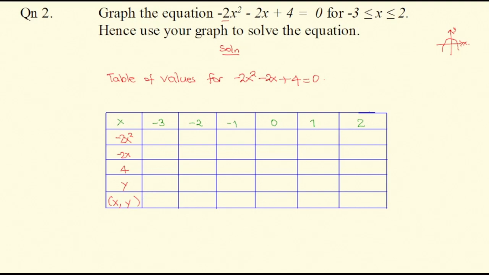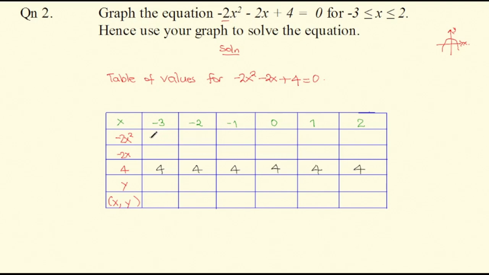It's good practice to always fill out the constant number throughout this column, since we have +4, and this +4 appears in all these columns.